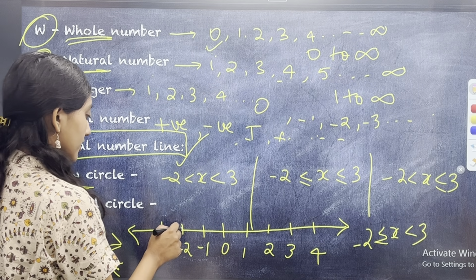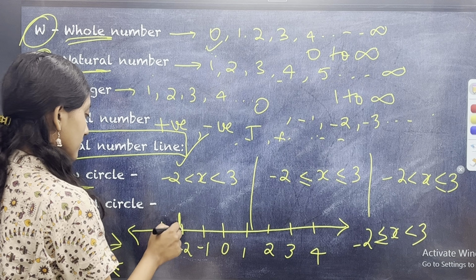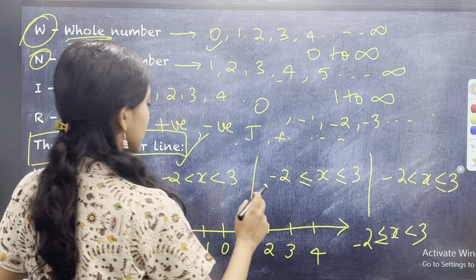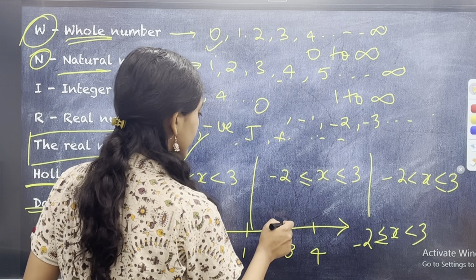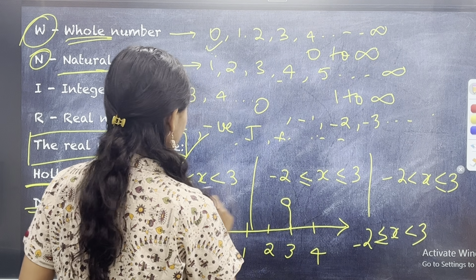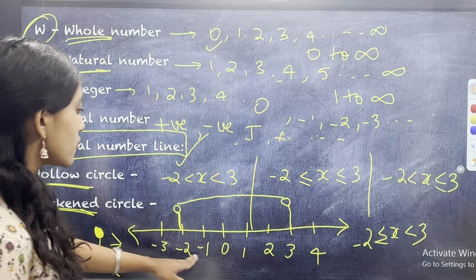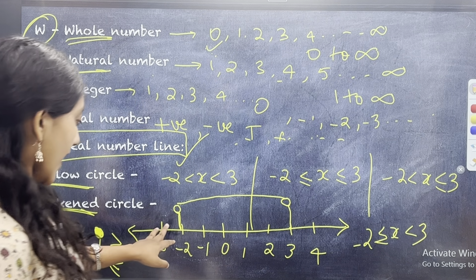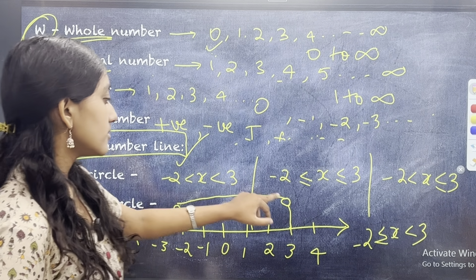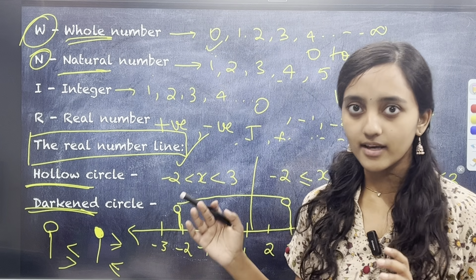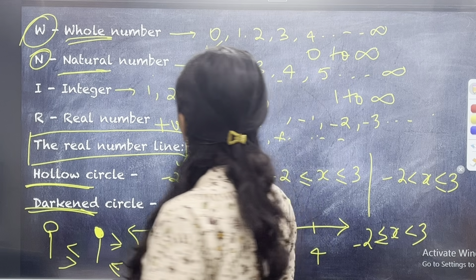So I will draw one danda here and put a circle. Then for less than 3, a hollow circle. I will put a danda here and join these two dandas. Basically to suggest that -2 is less than x is less than 3, and both are not including the number itself. It's a hollow circle. Just less than is the only inequality present.